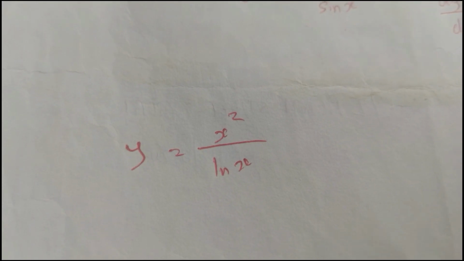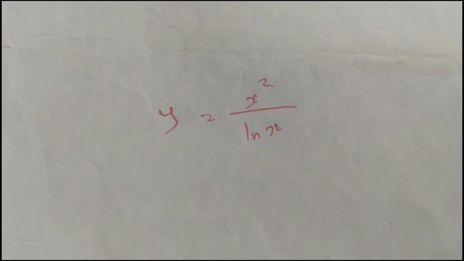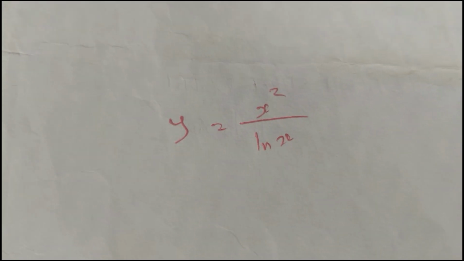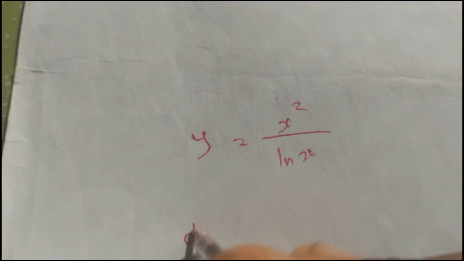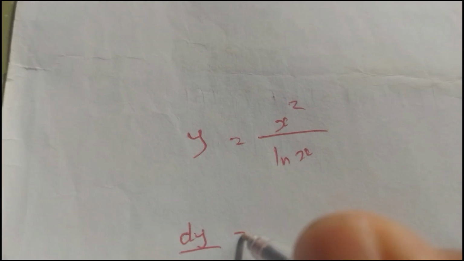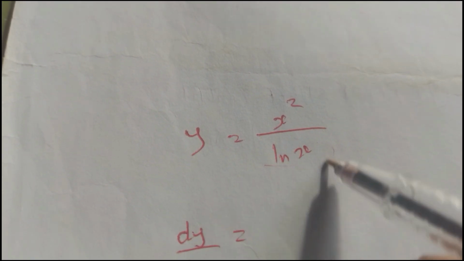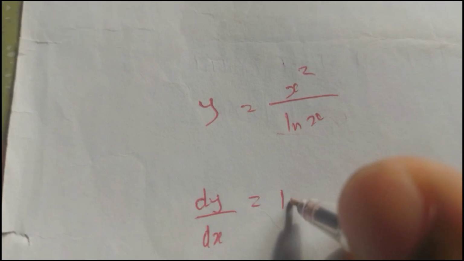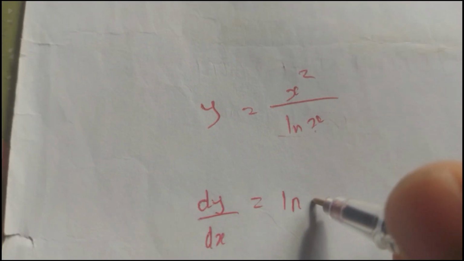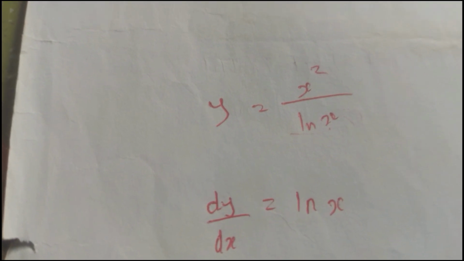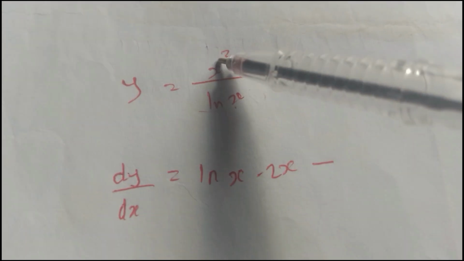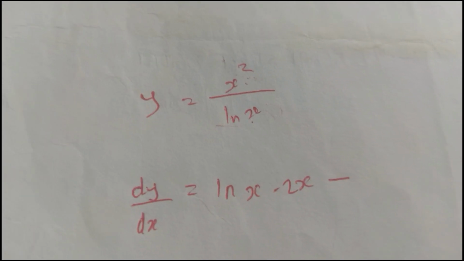Alright, so the same way we did the previous one, by the same token, we are still going to do it. So dy/dx is going to be the function that is in the denominator, that will be the second function rather. Derivative of this one is still 2x, minus the numerator function, which is the first function now.